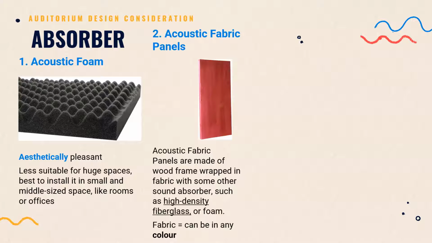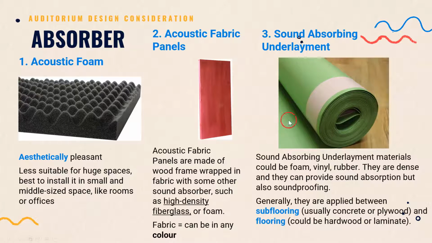This one is easier to fit with any design because it is covered in fabric, means you can change it to any color. This one here, number 3, is absorbing underlayment. This is more common for floor. It is made from either foam, vinyl or rubber.